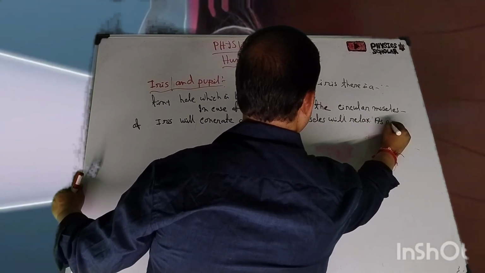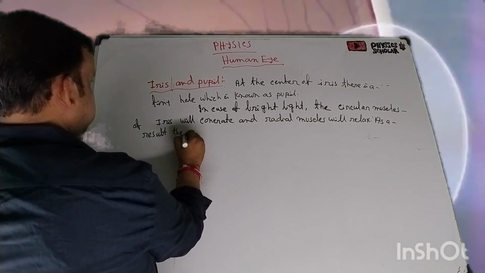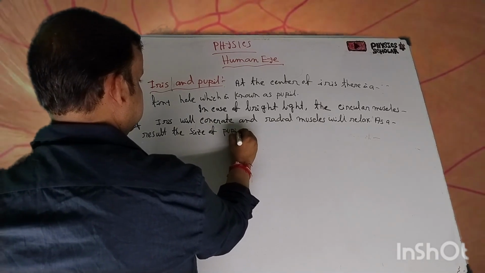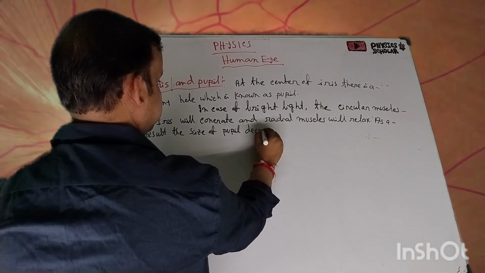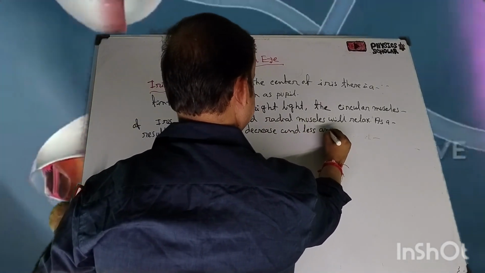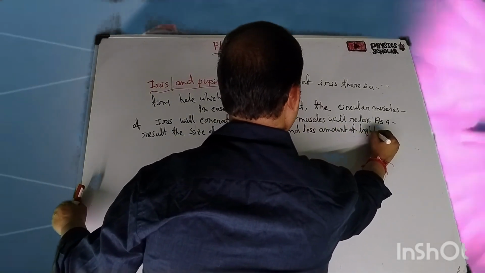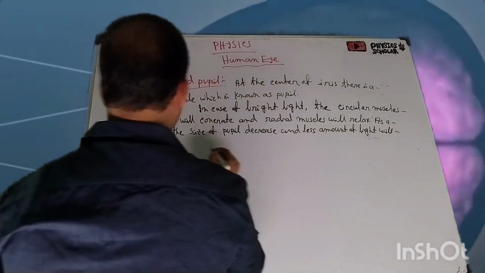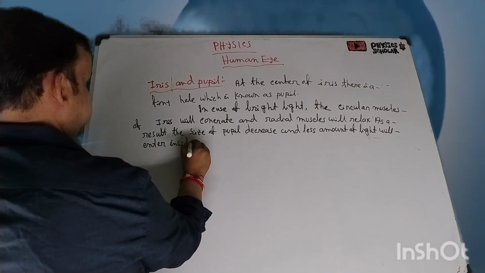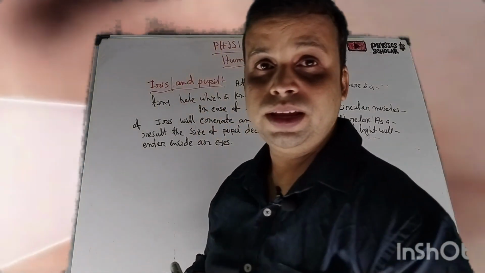As a result, the size of the pupil will decrease, and less amount of light will enter inside our eyes. Clear?